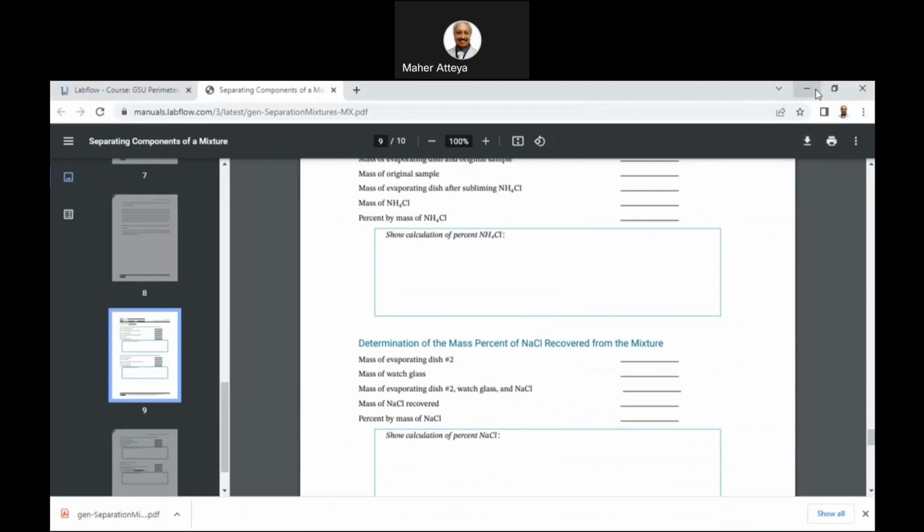Okay, and I can add it to our document. So, insert file.